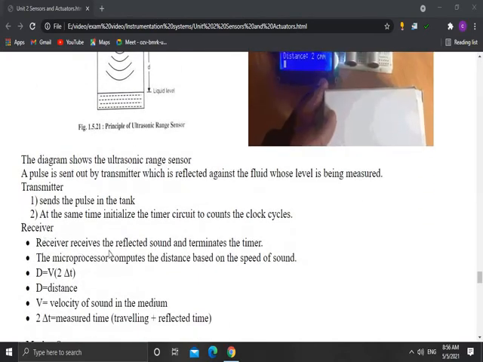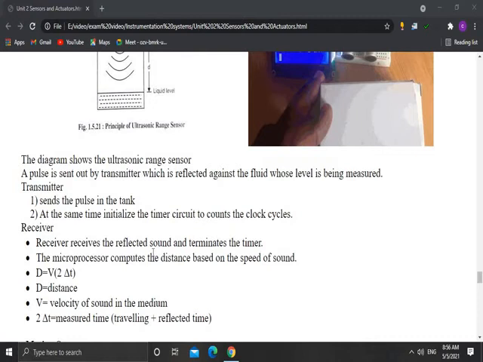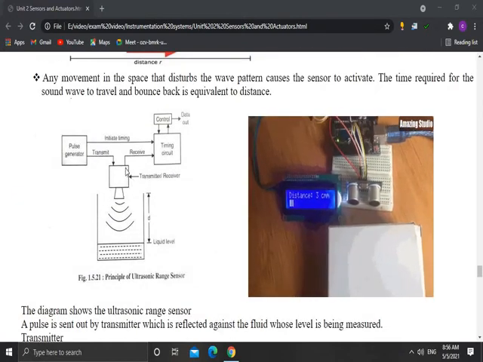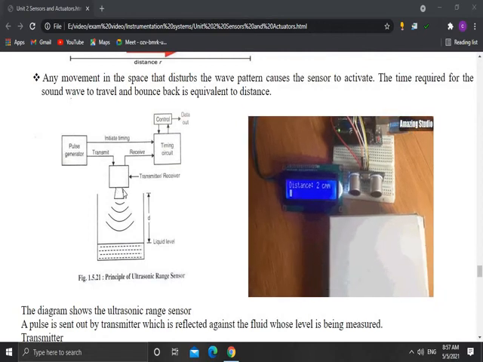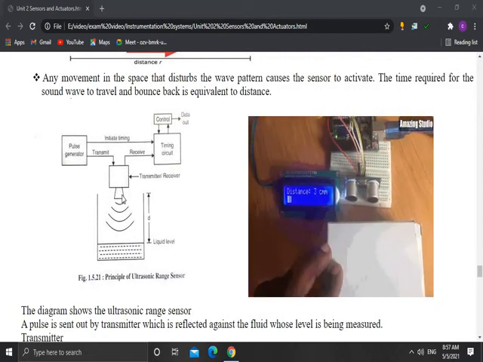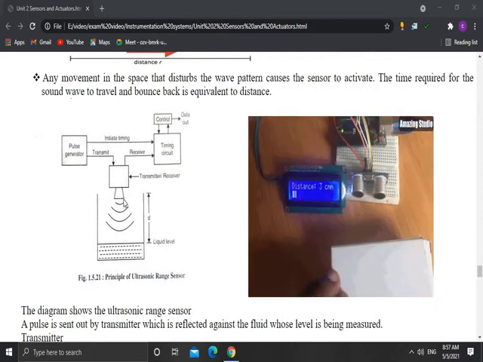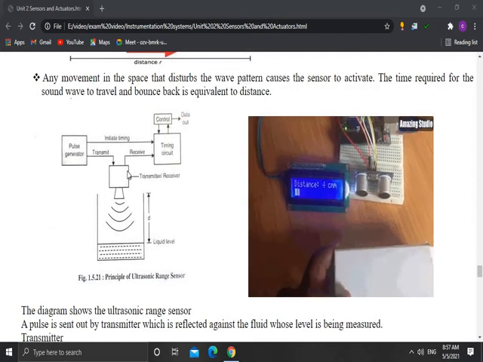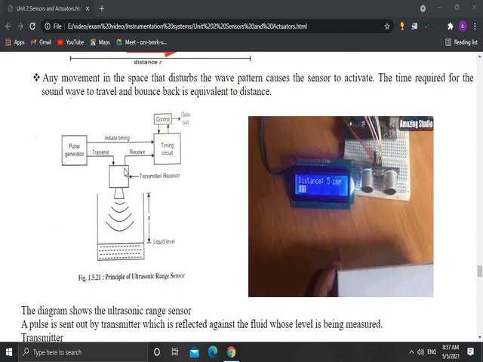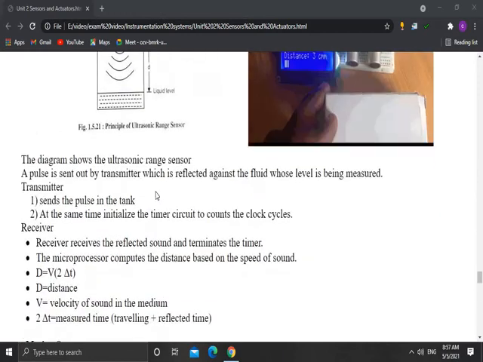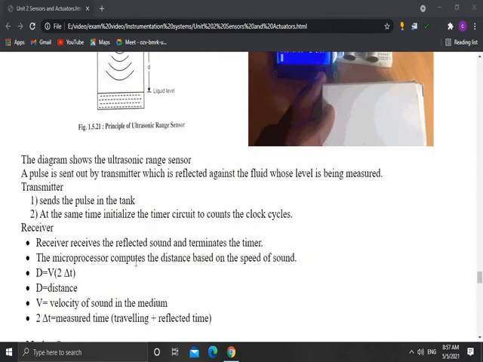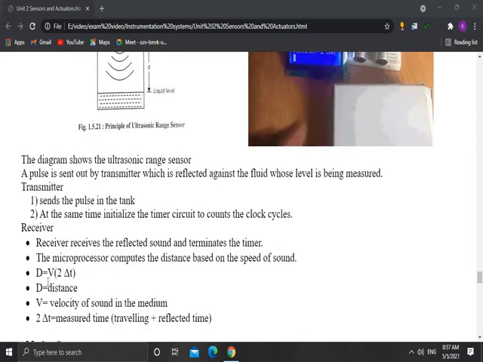The receiver receives the reflected sound and terminates the timer. So this is the transmitter as well as the receiver. When the wave is reflected back, the receiver receives the signal and stops the timer. The microprocessor computes the distance based on the speed of sound.